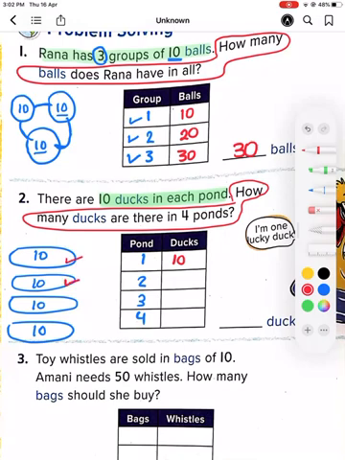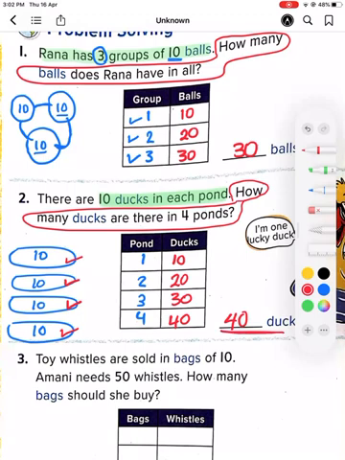In two ponds, how many ducks I have? 10 plus 10 will give you 20. Excellent. In 3 ponds now, how many I have? 30 ducks. What about 4 ponds? 40. Excellent. So 40 ducks.